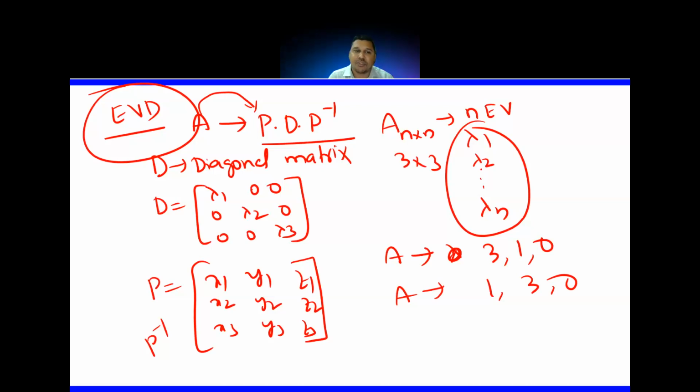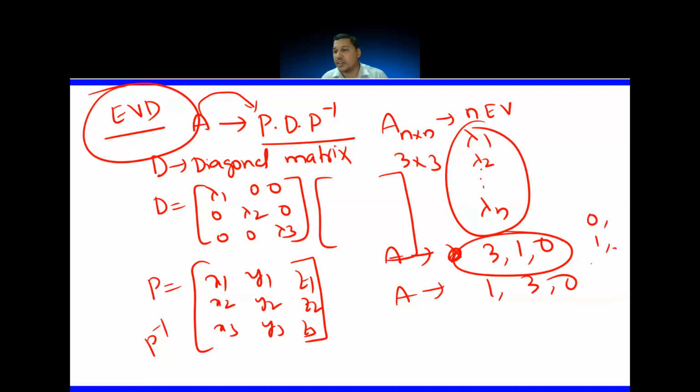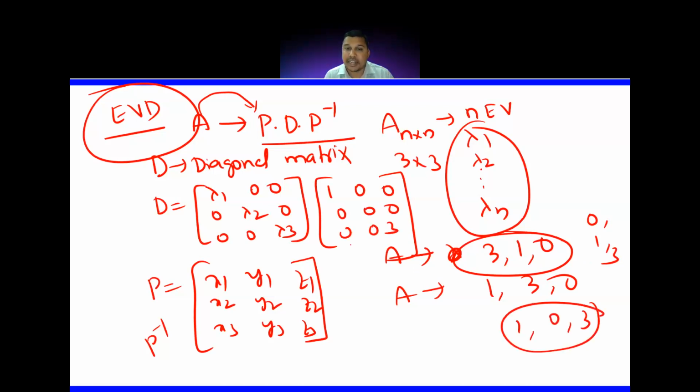So in which order should we write here? When you are forming this diagonal matrix, whichever order you take is your choice. I know that the eigenvalues are only 0, 1 and 3. So which order should I take? You take any order of your choice. Suppose I want to take first 1, 0, 0, then 0, 0, 0, 0, 0, 3. I am taking the order 1, 0 and 3.